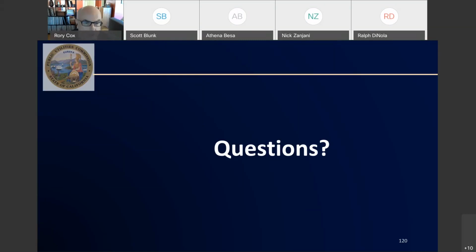I believe that was addressed on one of the early slides that the IOUs showed. Yeah, this is Michelle. I think that's a great point. We're calling it incentive layering just because there are so many different program layers to it, but ultimately we want to maximize the goal of GHG reduction.